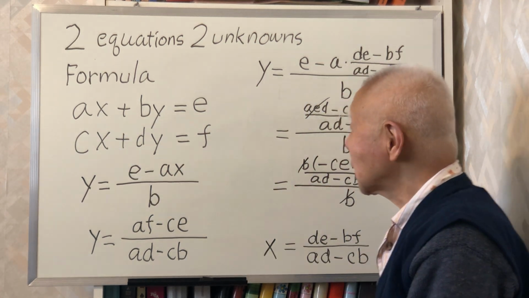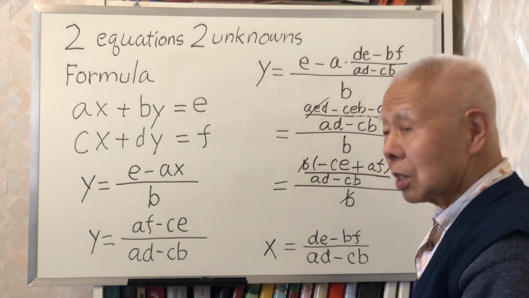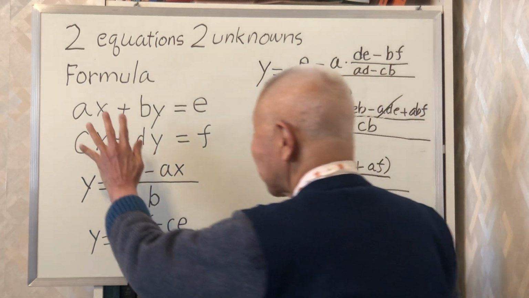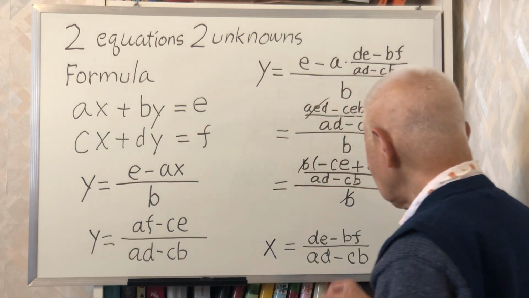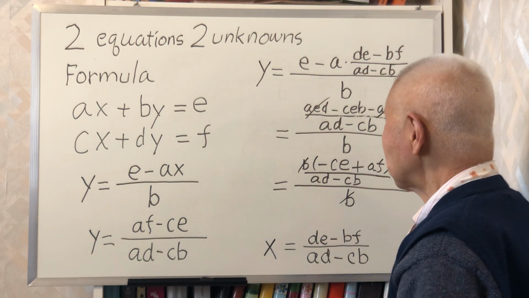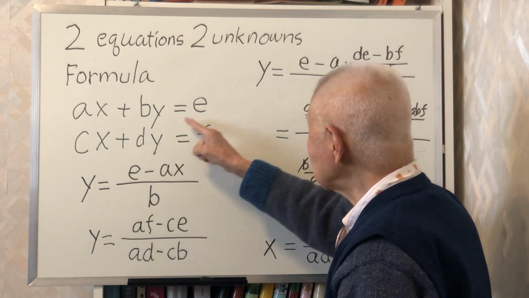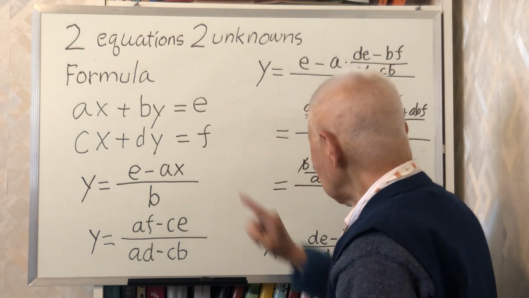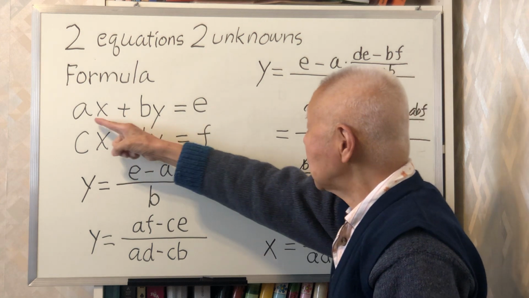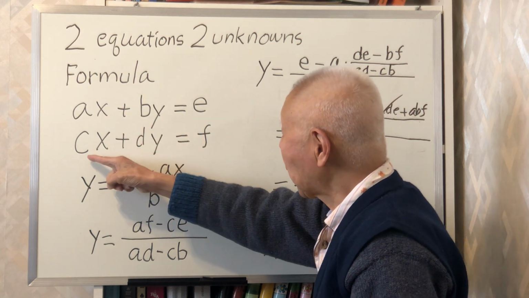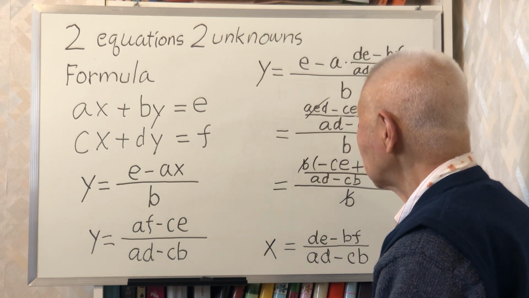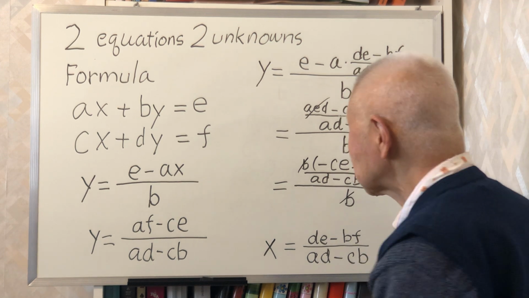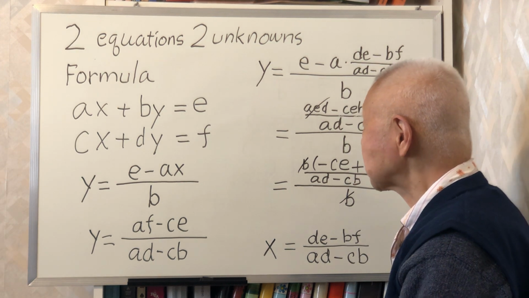It's AF minus CE. Okay? And then how about x? For x, you do not look at x. It's DE minus BF. The denominator is still AD minus CB. Let us make it more consistent.